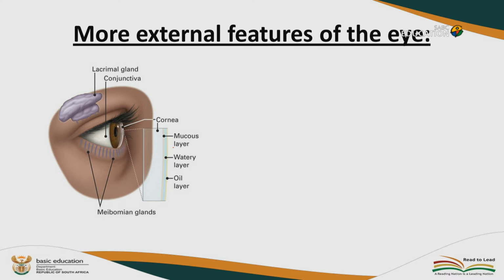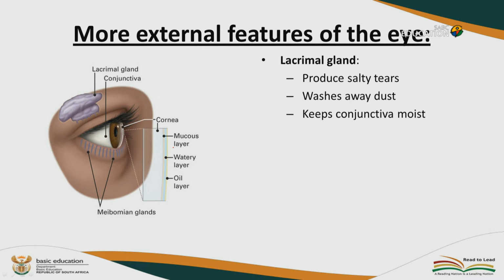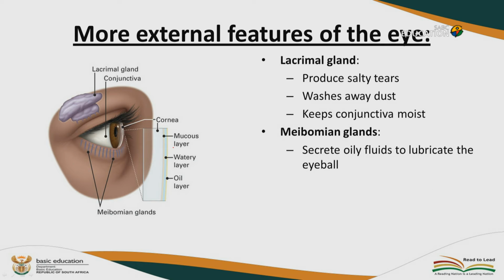So there are other external parts that you can see that we never mentioned. But I want you to pay attention to the following. Lacrimal glands and the conjunctiva, both of them are not in the exam guideline, but I decided to put them on so that you can know, moreover, that we are challenged with COVID-19. Now, these two glands secrete fluids.